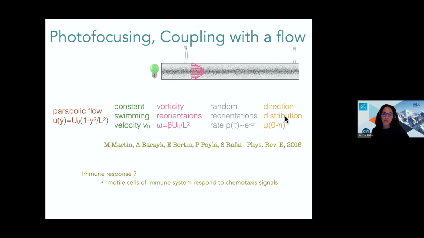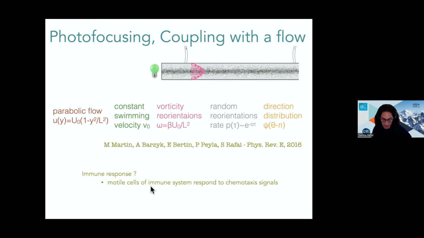So you can deduce that this is quite a generic result on the coupling between the flow and the particle. In particular, there are questions related to immune systems, when immune cells or other motile cells are transported by blood flow.